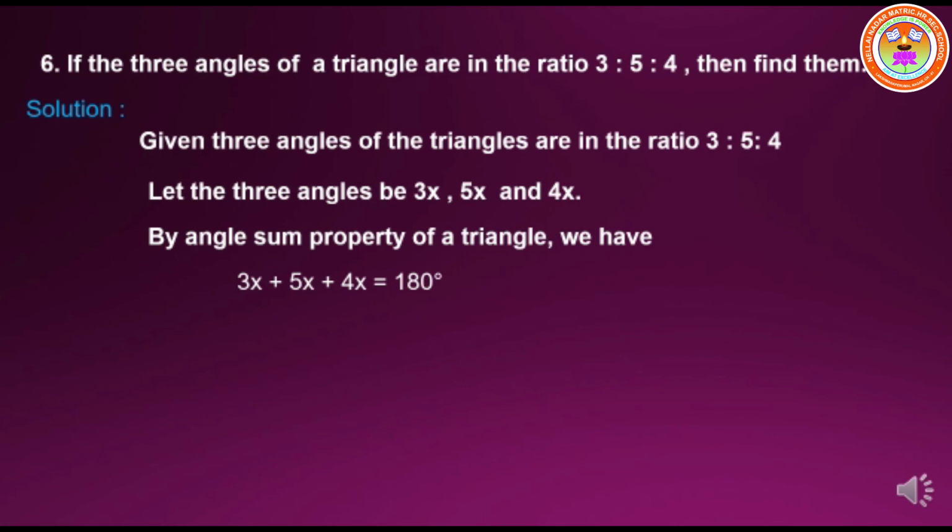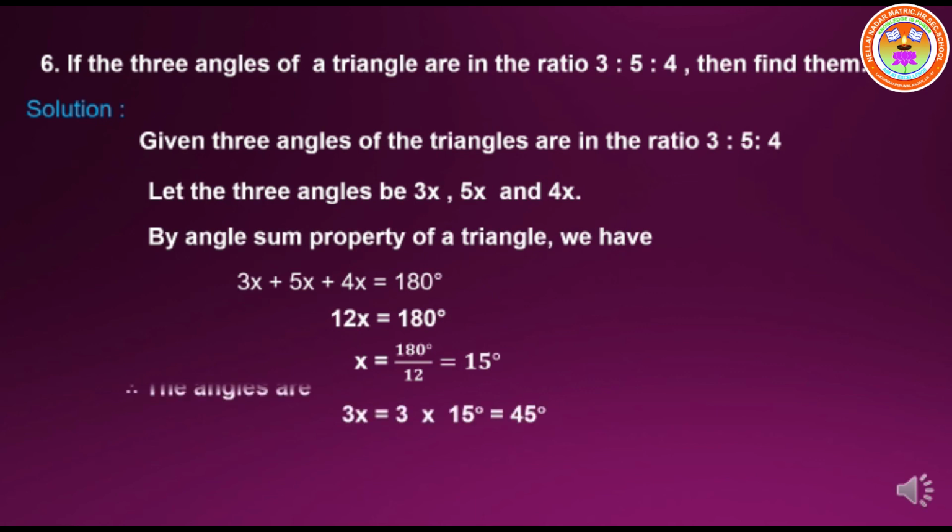Now, adding 3x plus 5x and 4x, we get 12x, that is equal to 180 degrees. Now, in order to find the value of x, transpose 12 to the other side so that x is equal to 180 degrees by 12. On dividing 180 degrees by 12, we find the value of x is equal to 15 degrees.